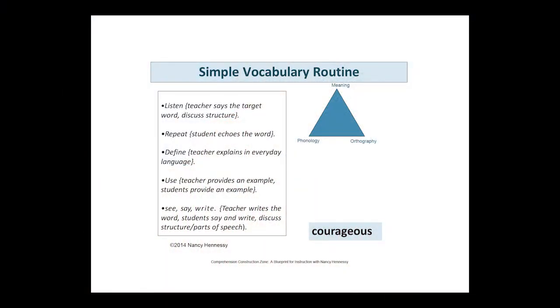And then I can move on and I can say, here's what courageous means, right? Courageous is a characteristic. It's a trait that someone has. It has everything to do with being really, really brave, particularly when something is very difficult or scary.